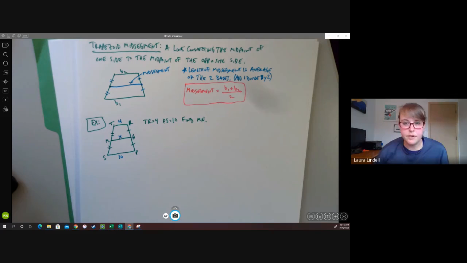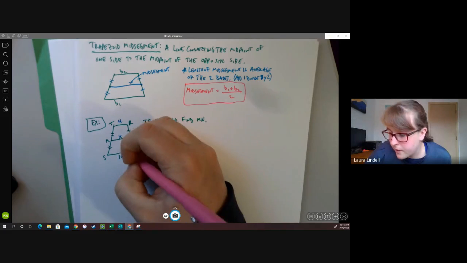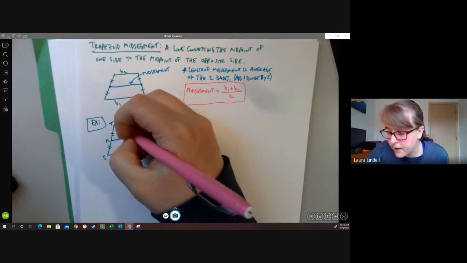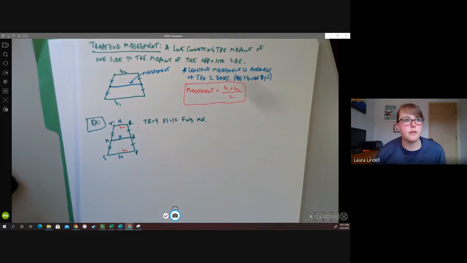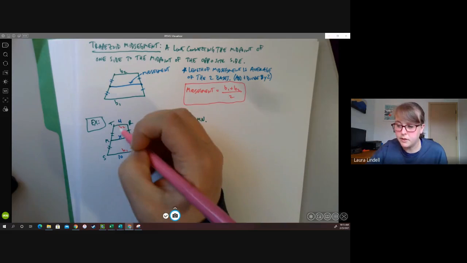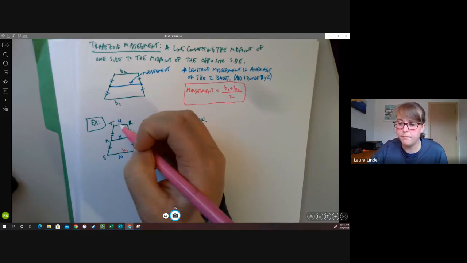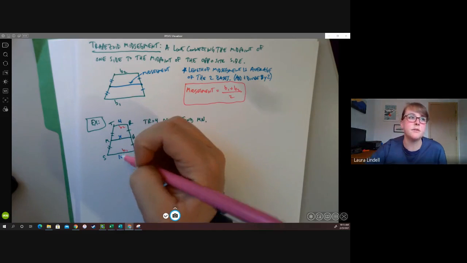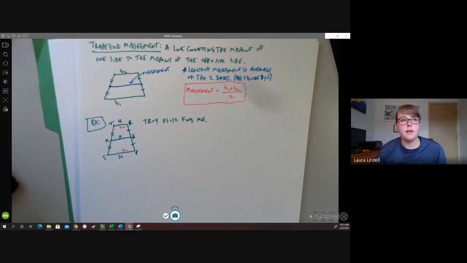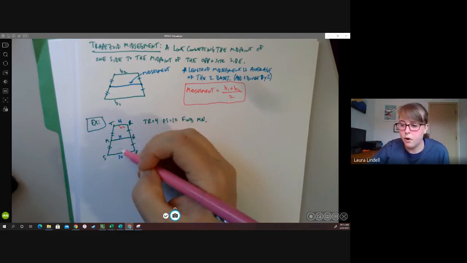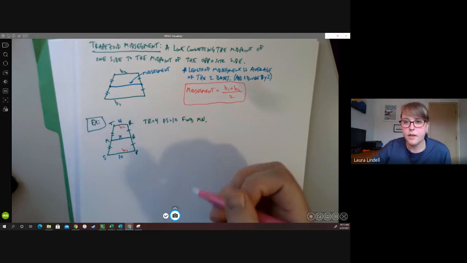Then the next thing that I would do is make a note for myself that this is one of my bases, B1, and this is my other base, B2. It doesn't matter which one's B1 and which one's B2, as long as we correctly label that those two are the bases.